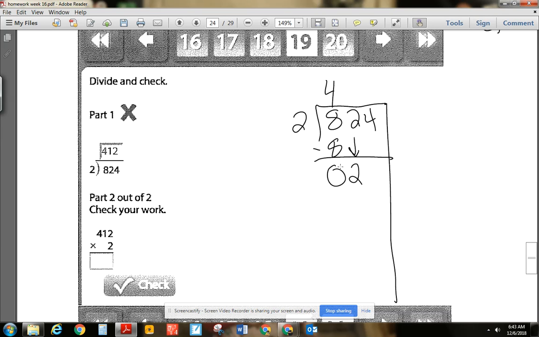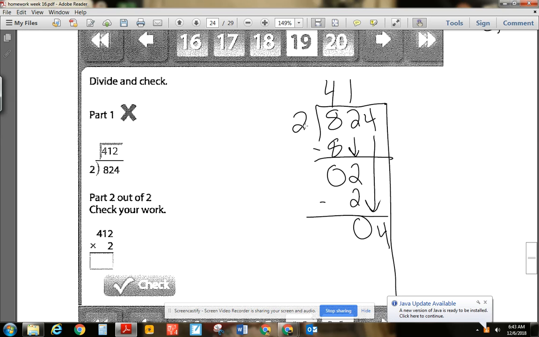How many 2's fit into 2 tens? 1 ten, because 1 ten times 2 is 20, so we take that away. Since I'm in the ones place, I bring it down, and that's 4. How many 2's fit into 4? 2, because 2 times 2 is 4. So I take that away, and I'm left with 0.